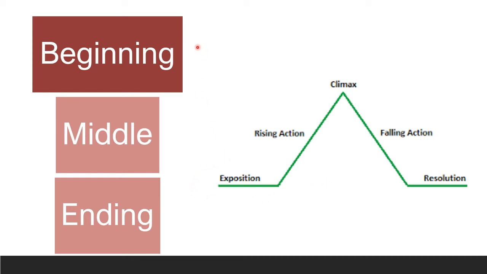So it's very important to remember you have to write using the three elements, which is first setting, number two, you have to have the characters, and lastly, you have to have the plot. So that's how you write an interesting story.